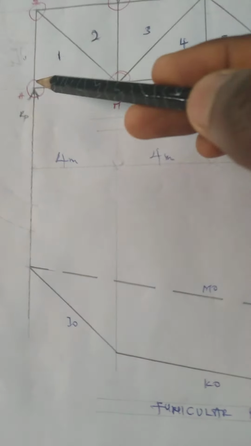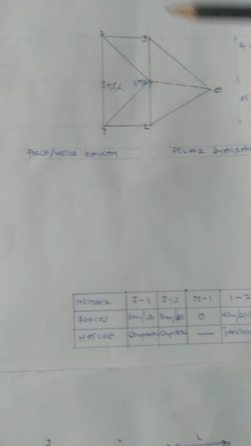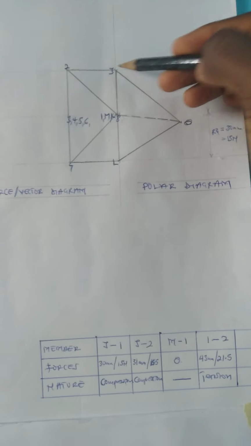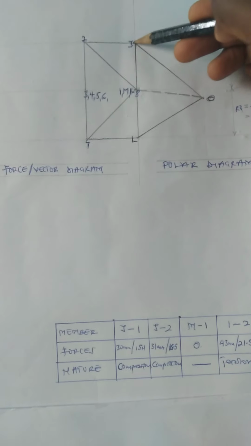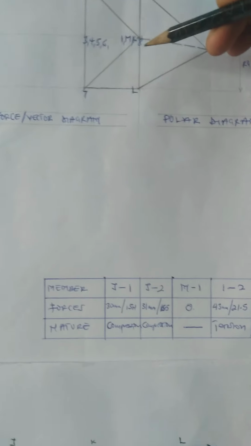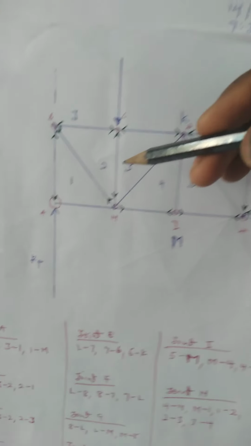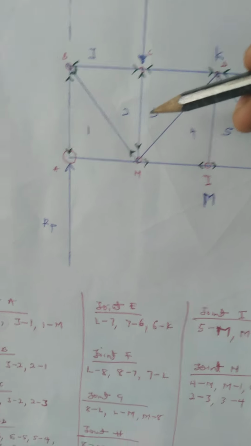At joint A in a clockwise movement, we have J1. We come back to the vector diagram. This is J, and 1 is here. So for J1, we moved down. When we move down, we quickly come back again to the space diagram.